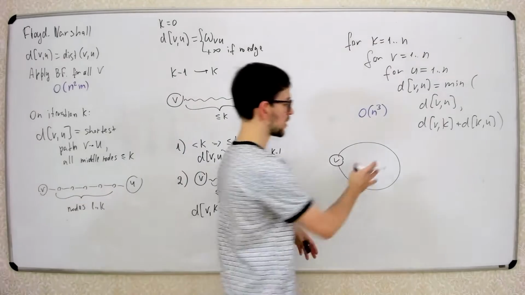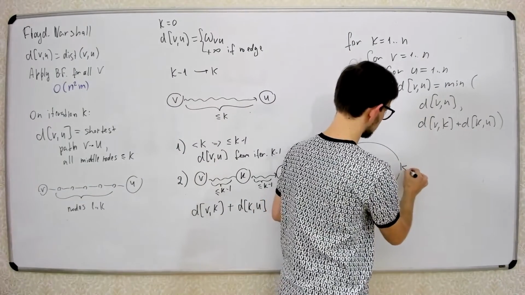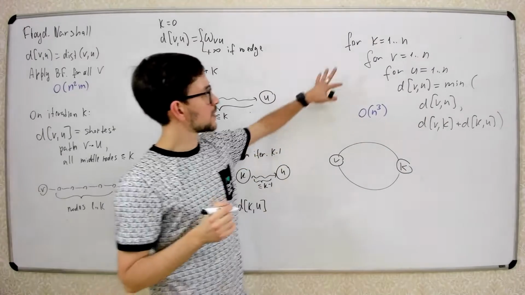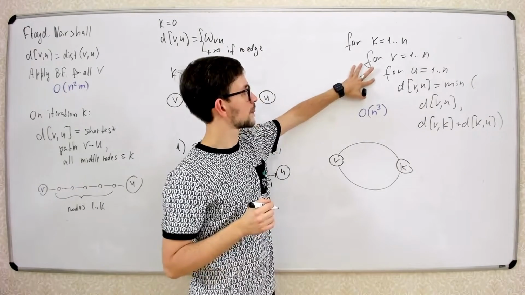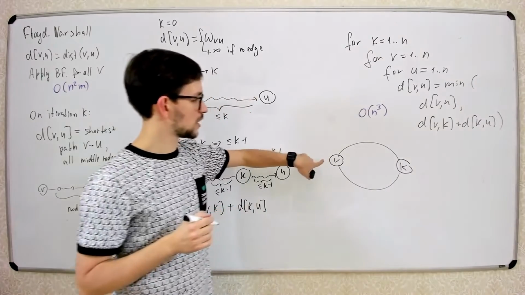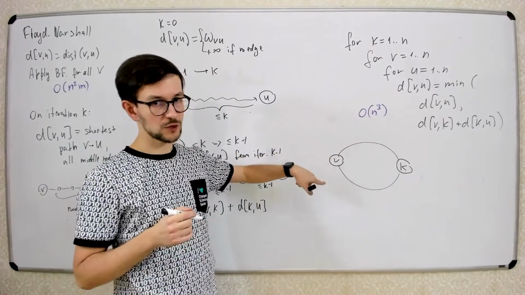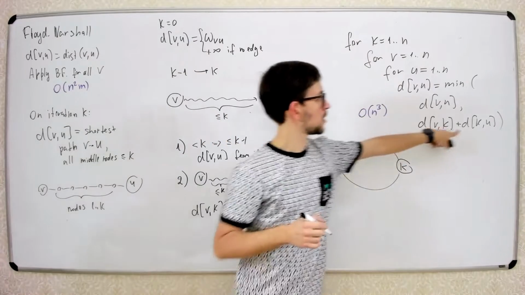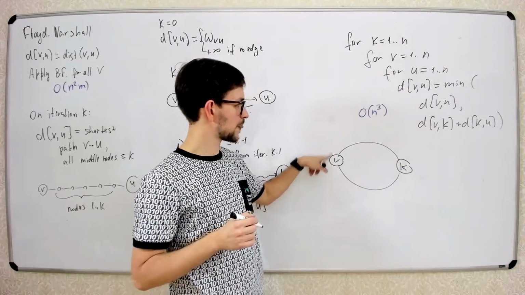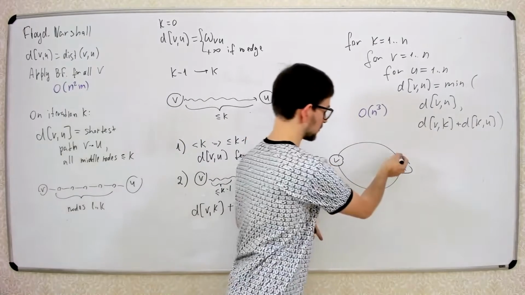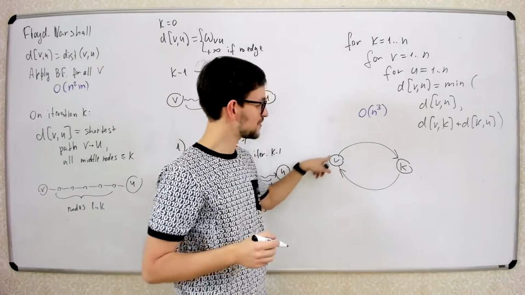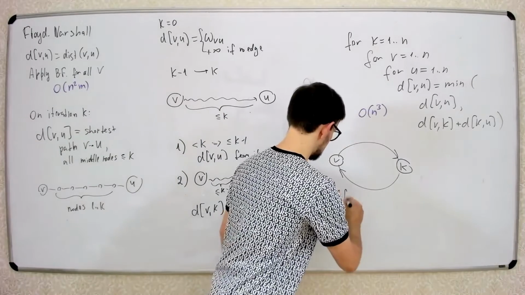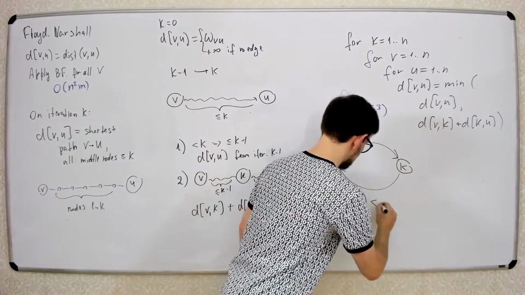At some point you will find this node K, and then in these two loops you will try to calculate the distance from V to itself. You will find the distance from V to K plus the distance from K to V, and if this sum is negative, you will update the value dVV. It will be less than 0.